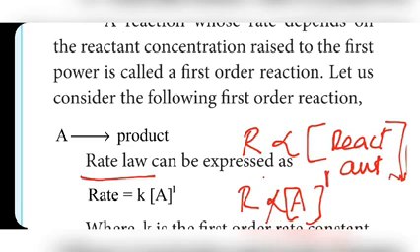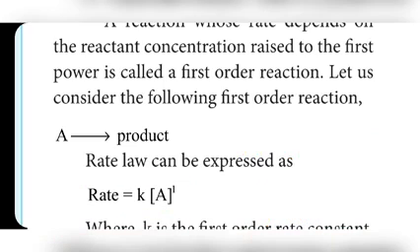If you remove proportional and add equal, you must add one constant, so the equation becomes rate is equal to k into concentration of A power 1. For this reaction we are going to derive the rate constant value.